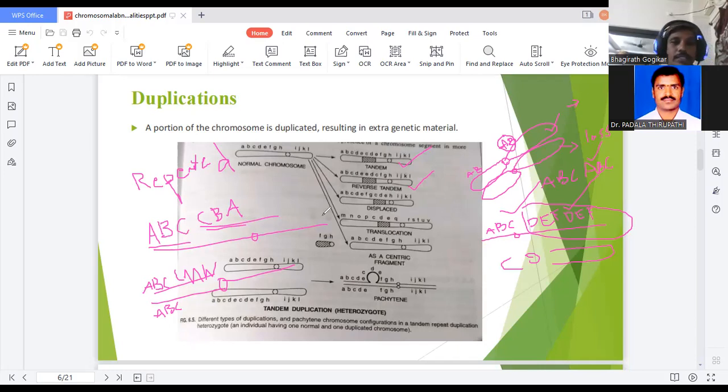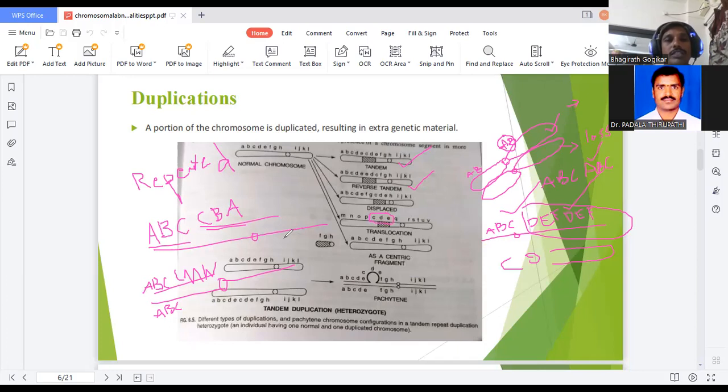Duplications are of three types: tandem, reverse tandem, and displaced. See here MNOPCD. Here this chromosome receives CDE genes. So this is called displaced duplications.